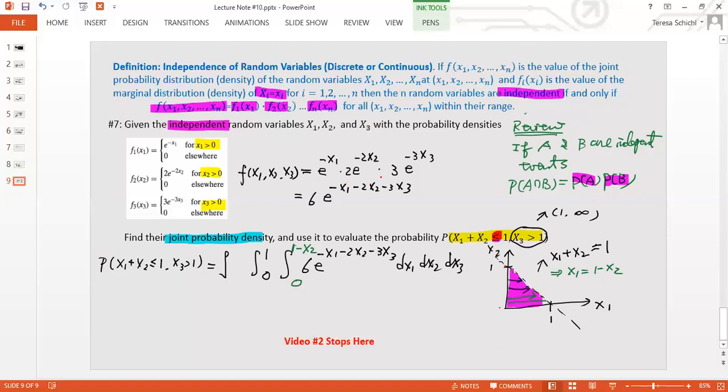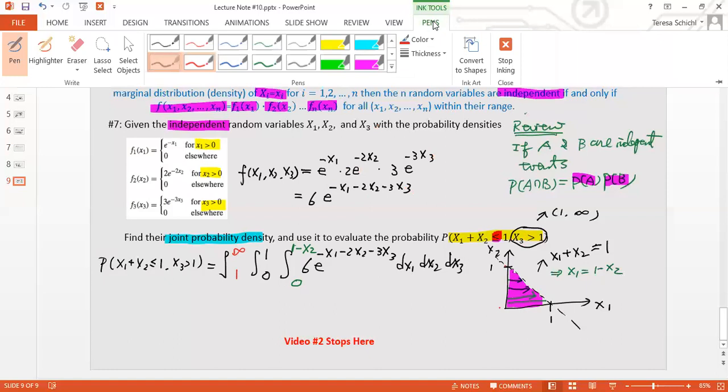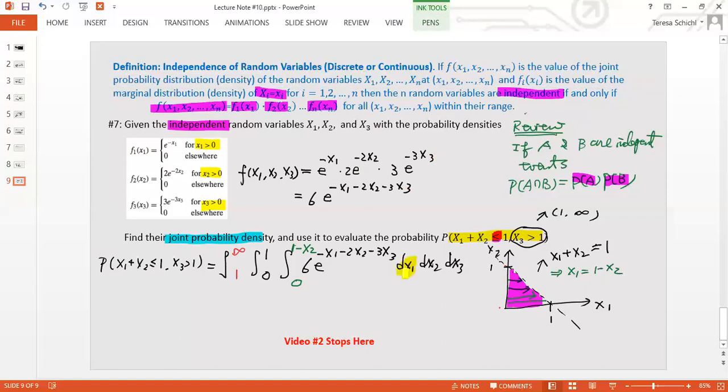Okay, so now let's take a look. What is x3? X3 has nothing to do with x1, x2, so it's good. So x3 is greater than 1, so we already say it's 1 to infinity. Okay, and remember that. Now for the first one here, you are doing x1s here.